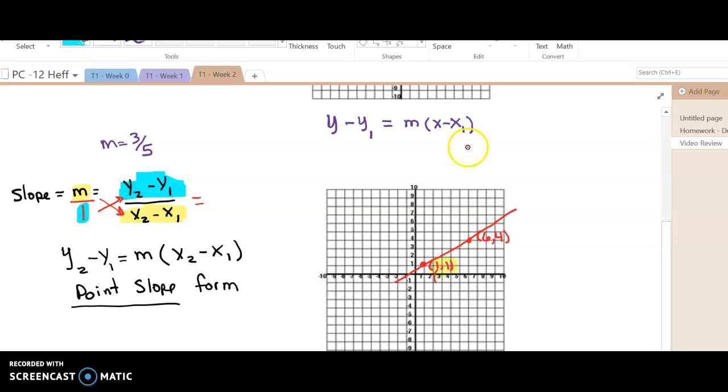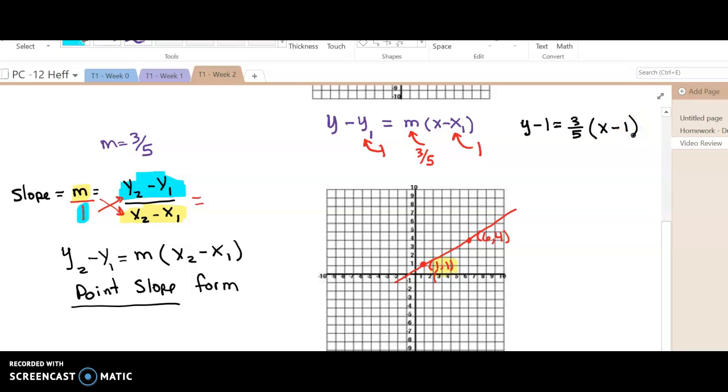So that means one of the x values is 1 and one of the y values is 1. Also, we just found the slope as 3/5. So now if I plug all this in, I have y minus 1 equals 3 over 5 times x minus 1.